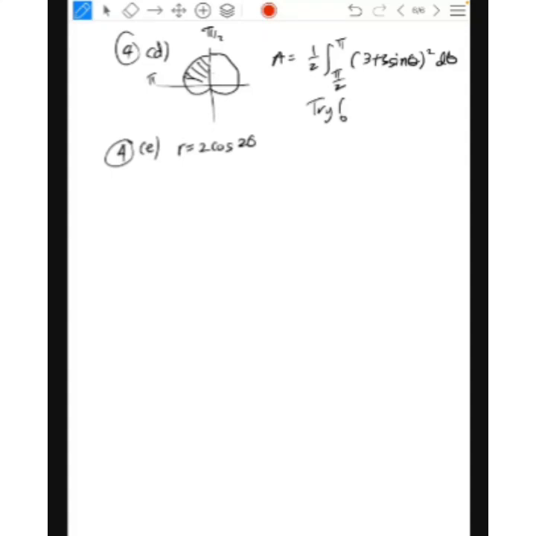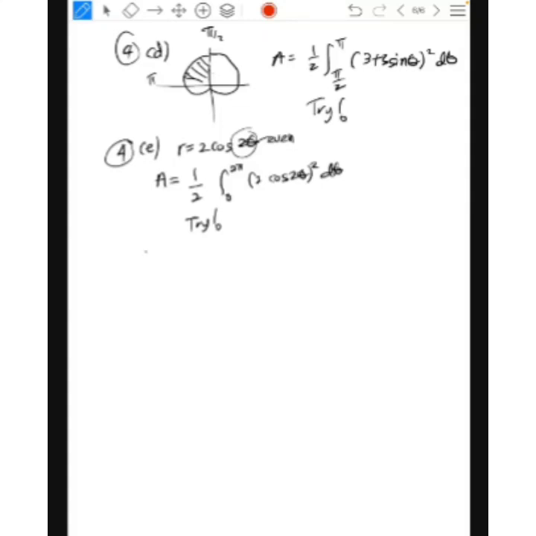Okay, so actually for an even function of rose curve, like this one which is even, and the question asks you to find all the area, you can always take from 0 to 2 pi directly.